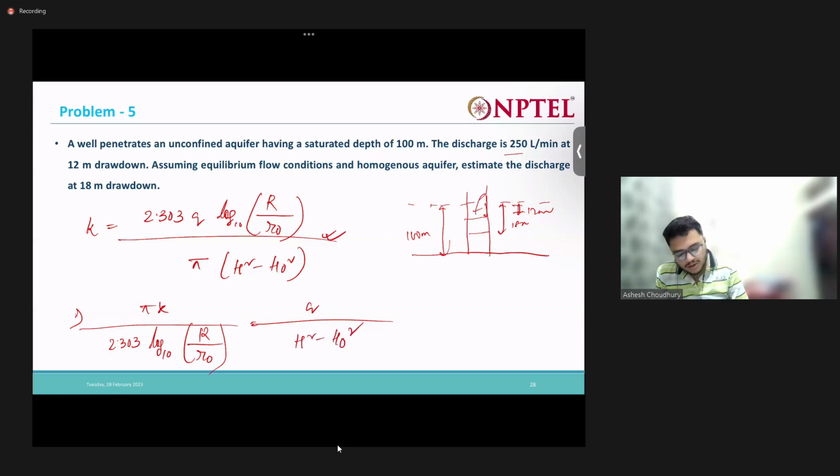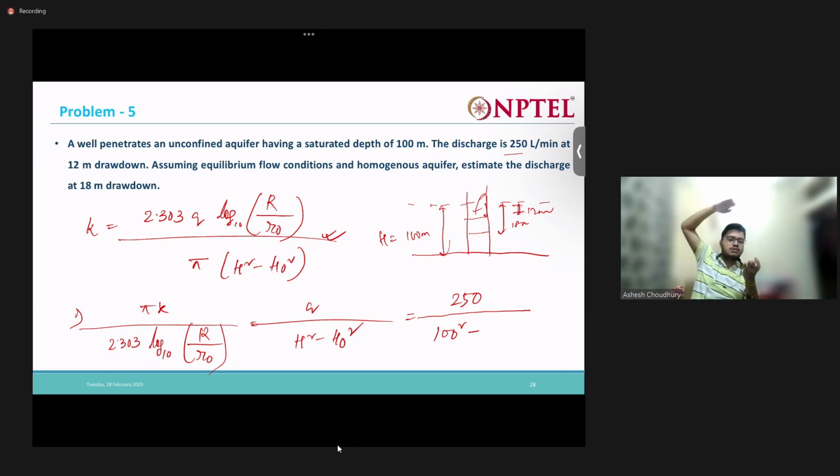So what is my q? Q is given as 250 liters per minute. And what is my h square and h naught square? H square is the total height, the total saturated depth, capital H. This is 100 square. And what is h naught? H naught is the height after we pump out, the height will reduce. So what will be that height? 100 minus 12.